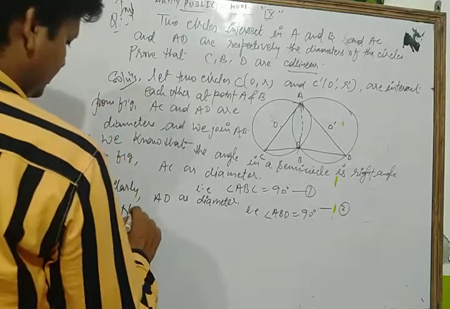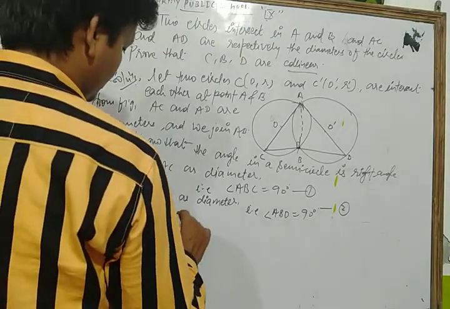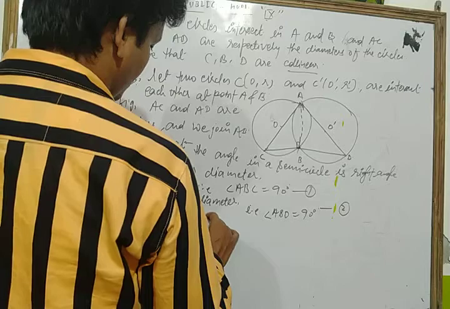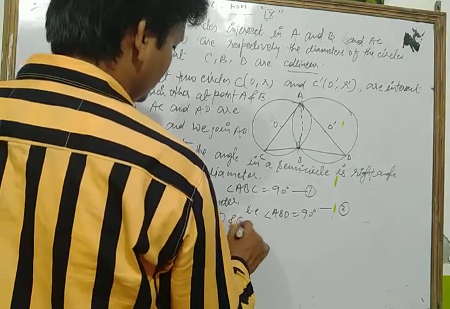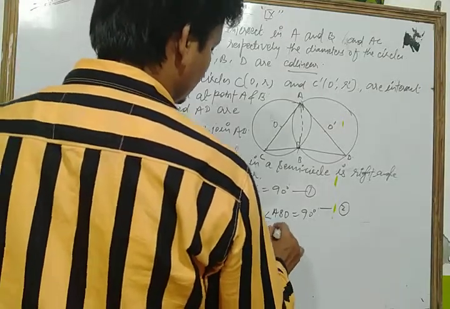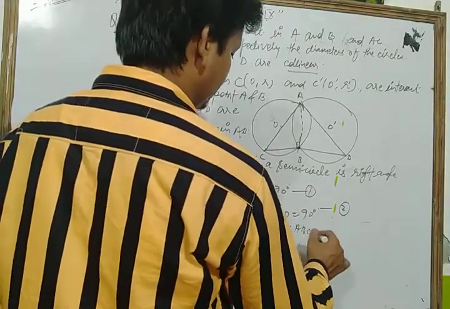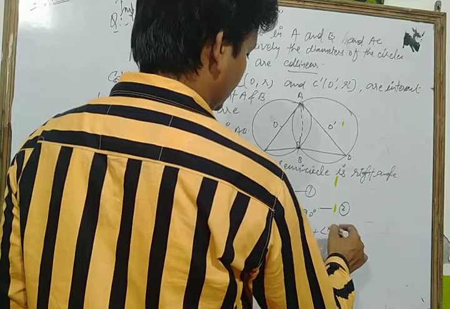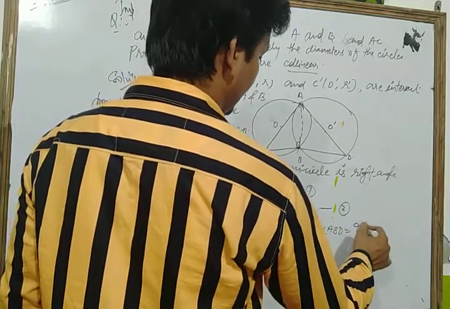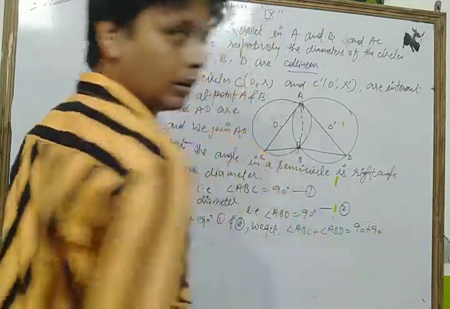Adding equations 1 and 2, we get angle ABC plus angle ABD is equal to 90 plus 90.